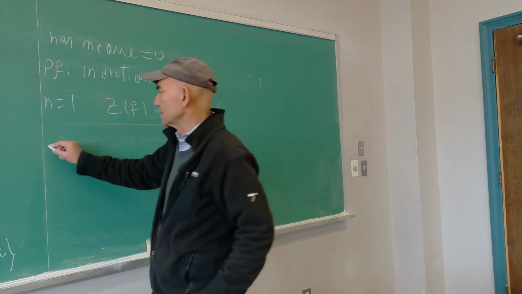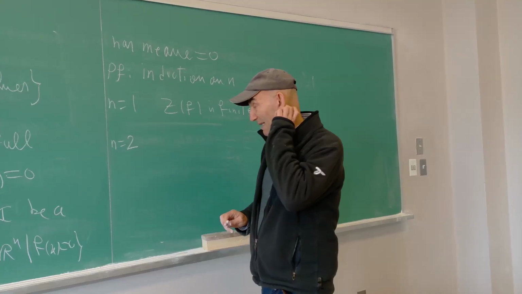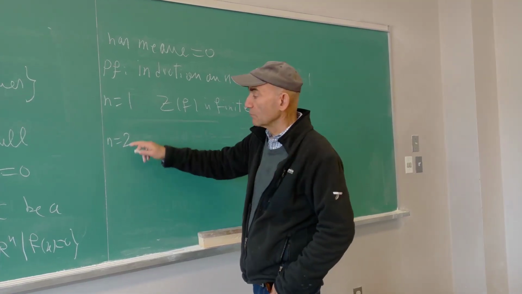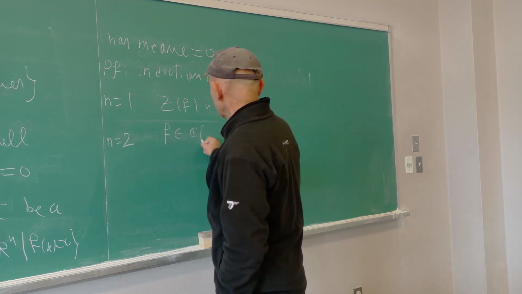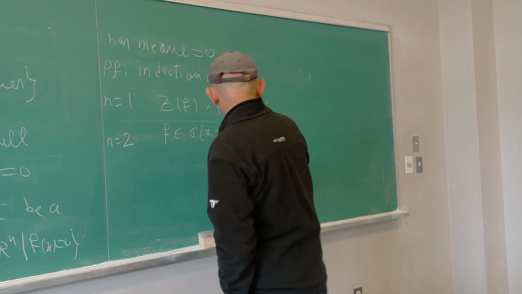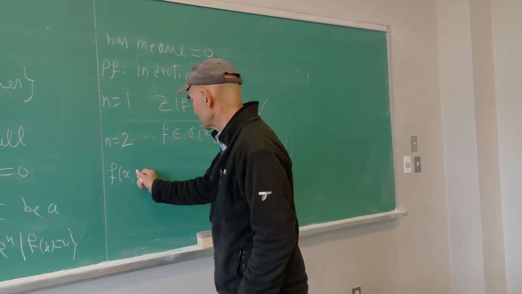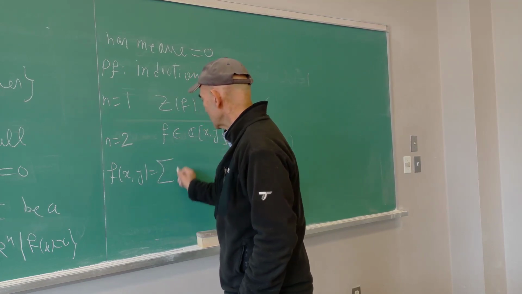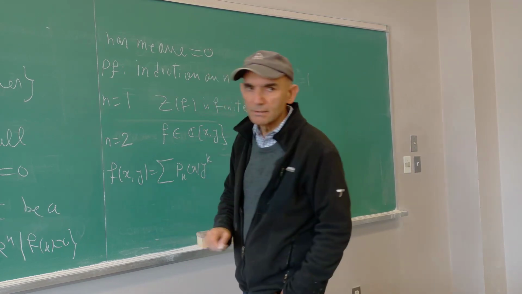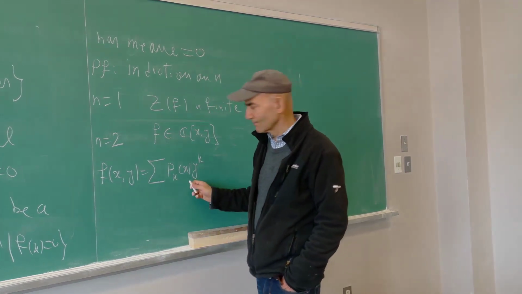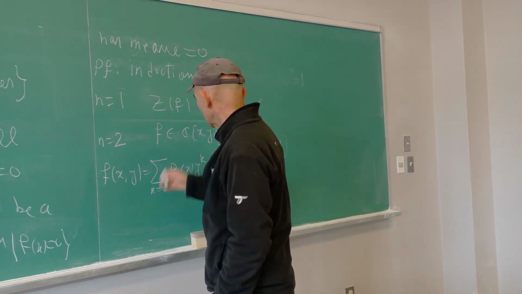So in general, the induction step is a bit like this. Let's see how we can prove this for n equal to 2. If you have a polynomial in, say, C of x and y, you can write f of x and y as the sum of p_k(x) y^k, some powers.